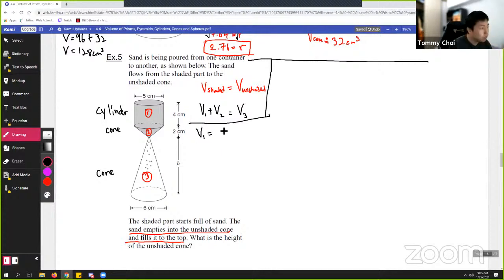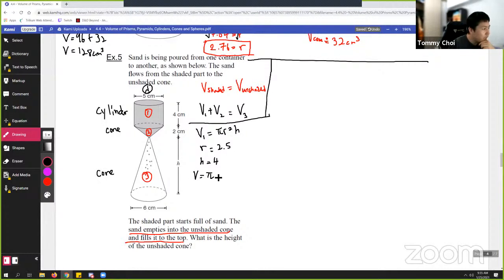For volume 1, it's a cylinder. So volume 1 is pi r squared h because it's a cylinder. We know r, the diameter is 5, so r must be 2.5. So the diameter is 5, r is 2.5, and the height is 4 for the cylinder. Once we have that information down, we can plug it in.